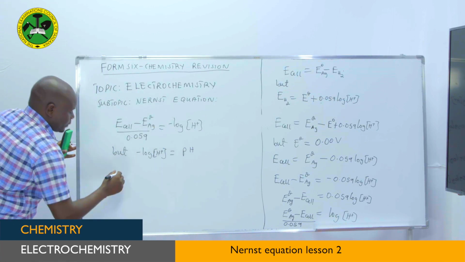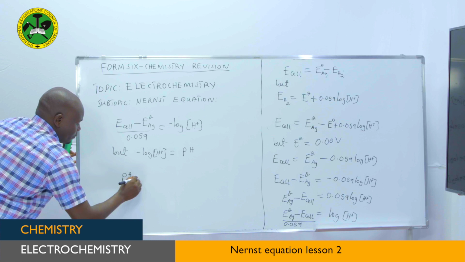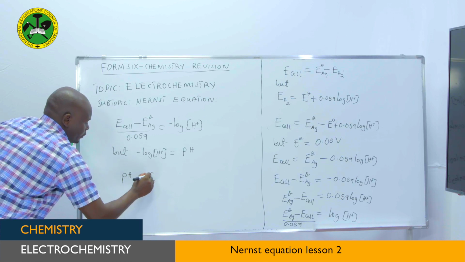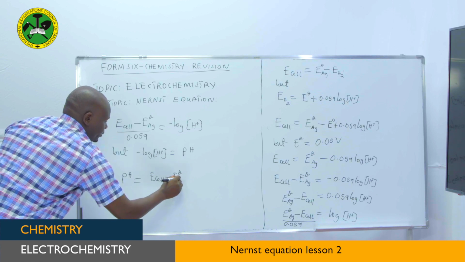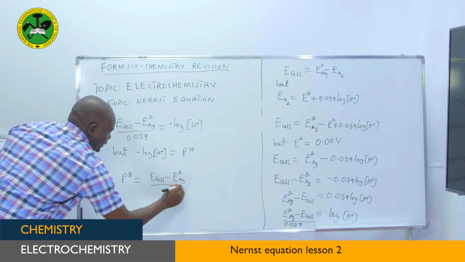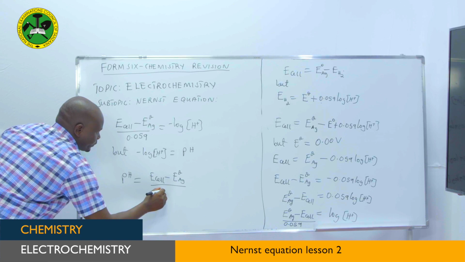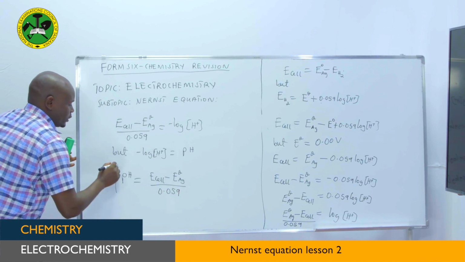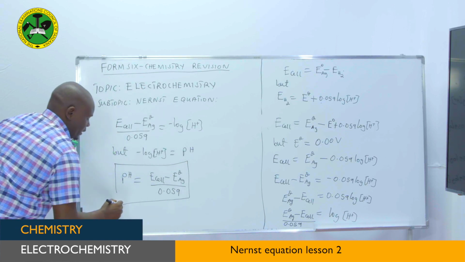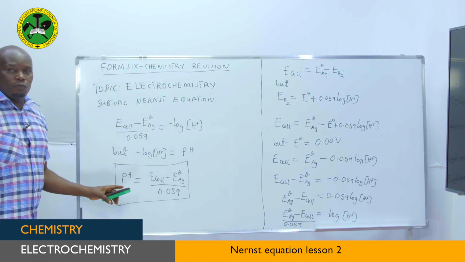But if we recall, the negative log of concentration of hydrogen ions is equal to the pH. So now the pH will be equal to E of cell minus the standard electrode potential of silver, divided by 0.059. So this is our equation that can be used to calculate the pH of a solution.